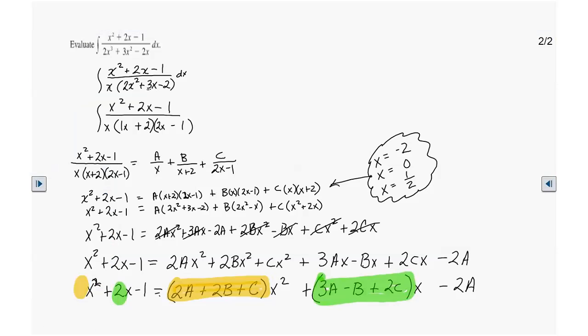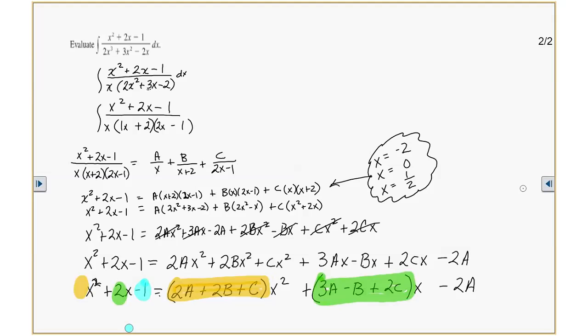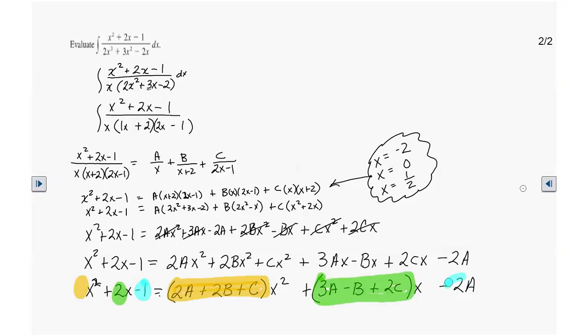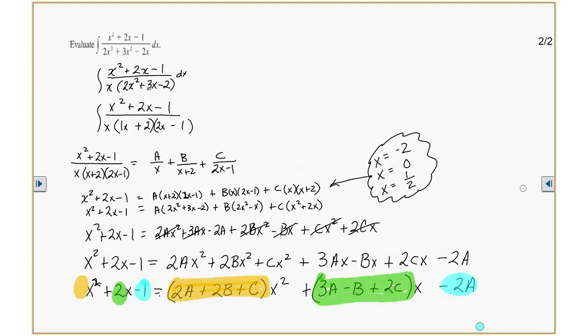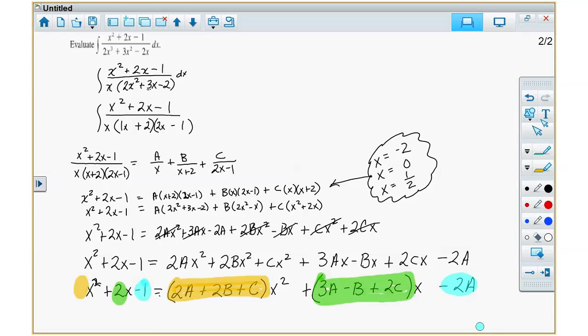And this -1 is equal to that. I'm going to make it a little bit smaller so we can keep going. Looks like we're going to have to use what? Solving what?